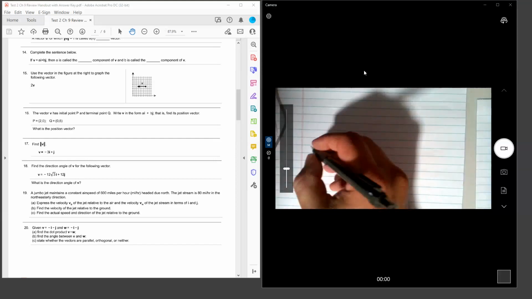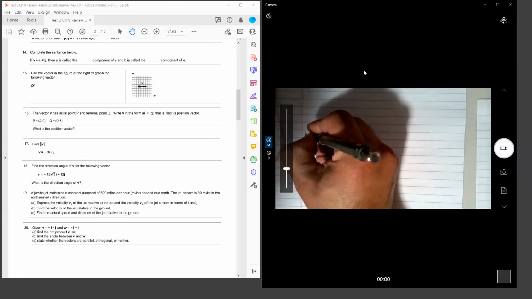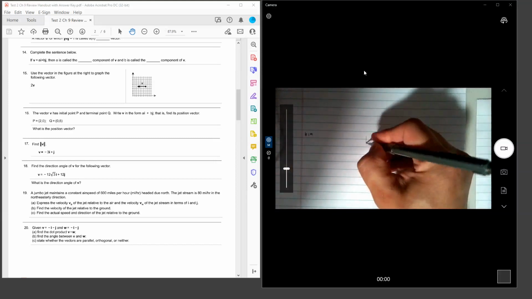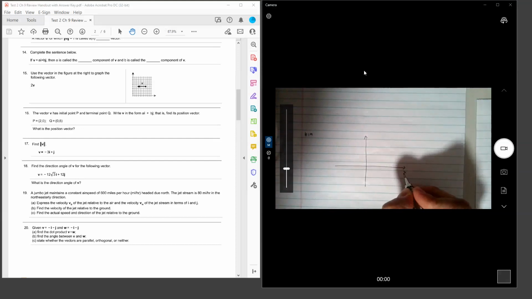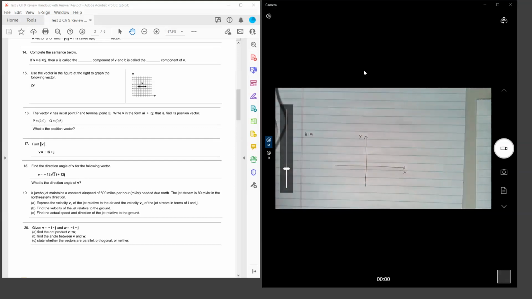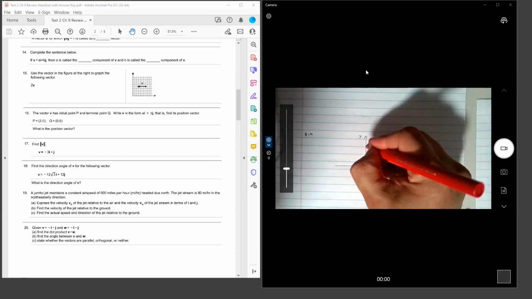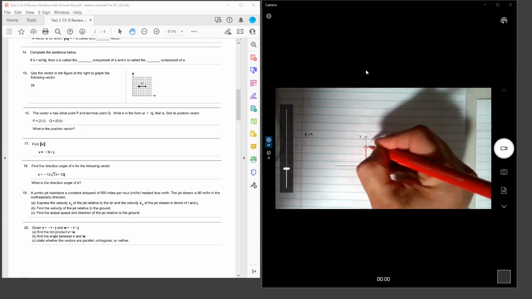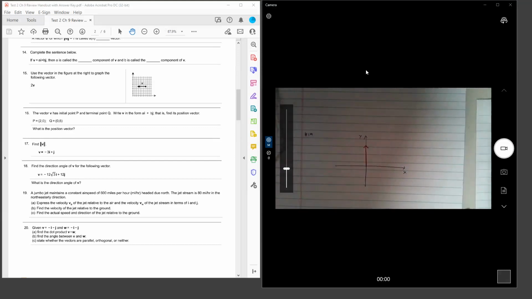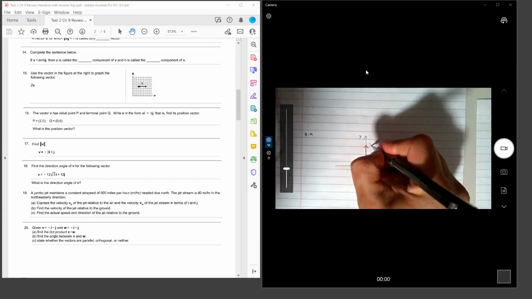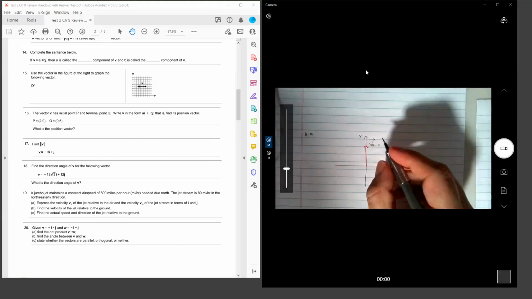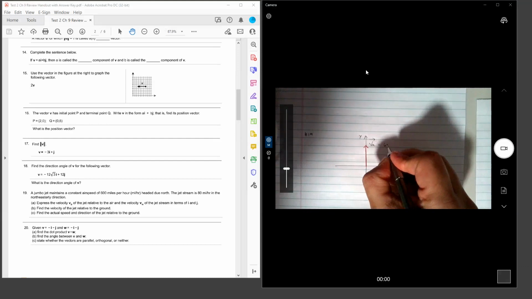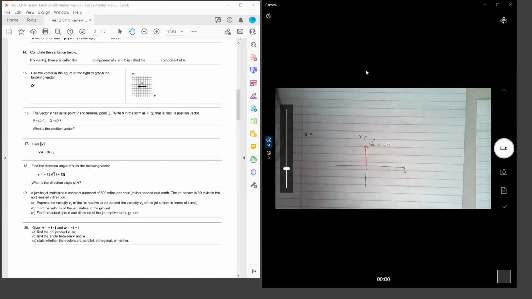Okay, so here's number 19. We're going to do this in the XY plane. We're going to come up with some position vectors. Let's see if we can use some colors here. So the vector that represents the aircraft: the aircraft is going 600 miles an hour, so that will be the magnitude, and it's going straight north.